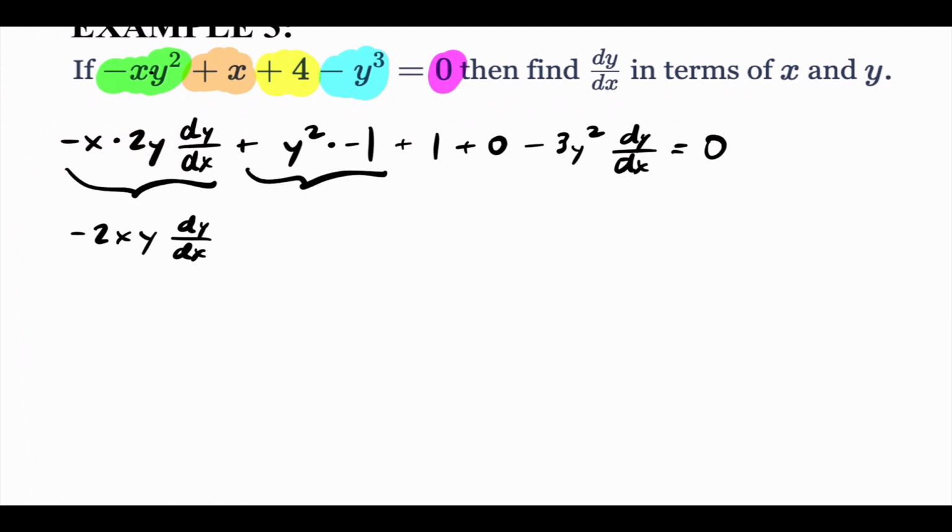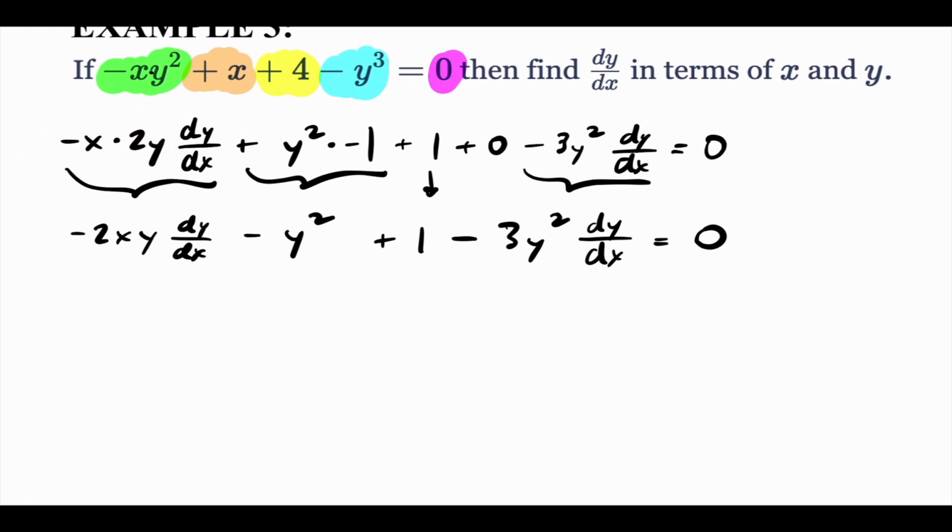This guy becomes negative y squared because it's negative 1 times y squared. Plus 1. The 0, you don't have to write the 0 anymore because it's just 0. And then the last term is like that.